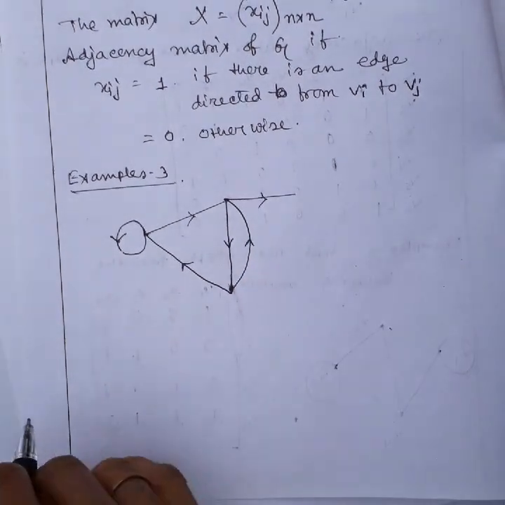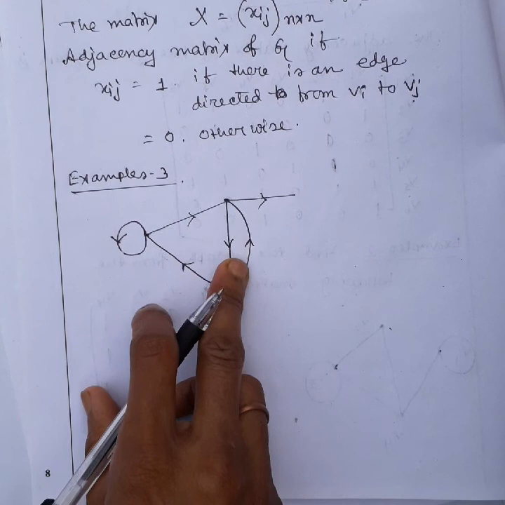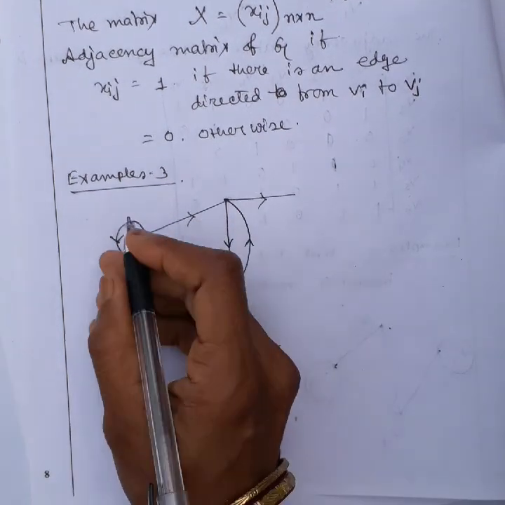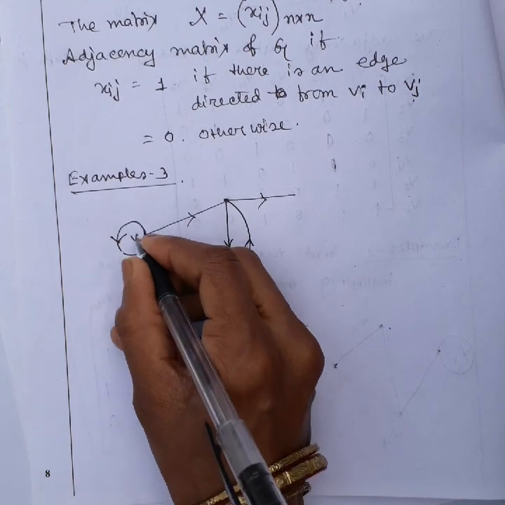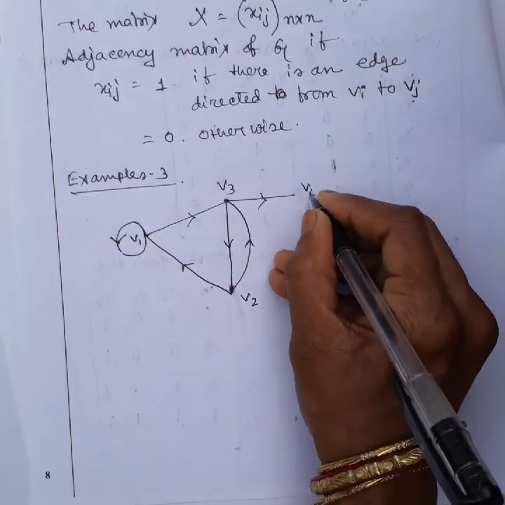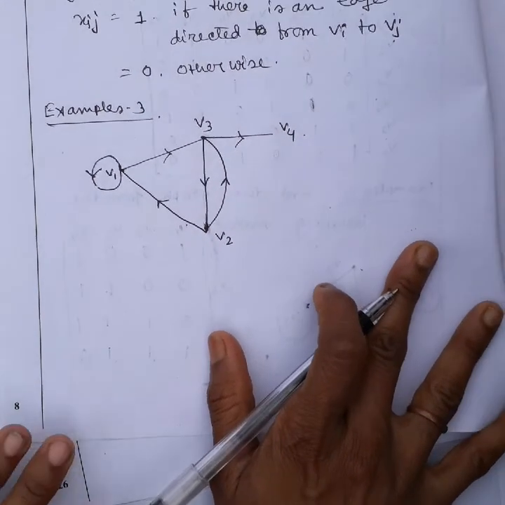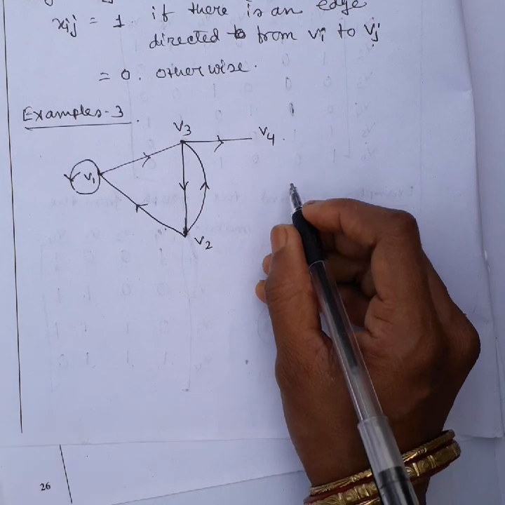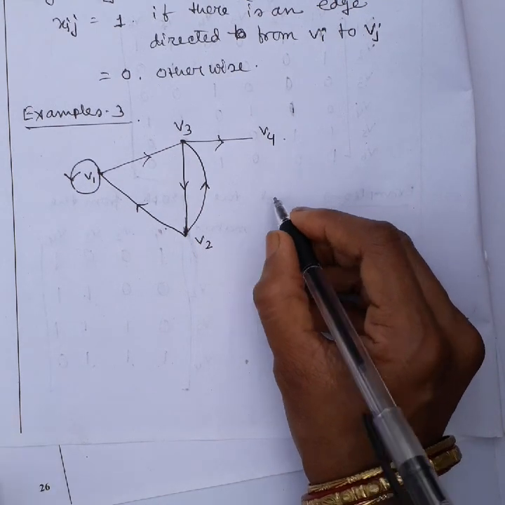This is not a parallel edge because the direction is different. Okay, so write the vertex names, say V1, V2, V3 and V4. So there are 4 vertices, that means the adjacency matrix is a 4 by 4 matrix.